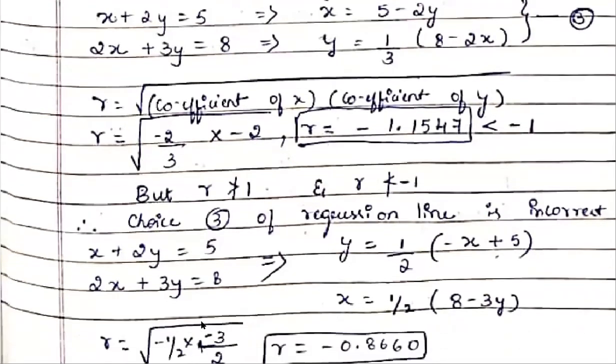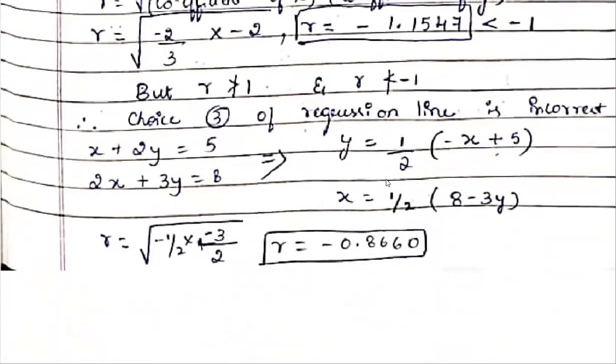So we got the two lines there, x and y. So now just pick the coefficient of x here. What's the coefficient? -1 into half, which is -1/2. Substitute in the formula, -1/2. Coefficient of y, -3 into half, which is -3/2. So both are negative. You have to first assign the sign negative.